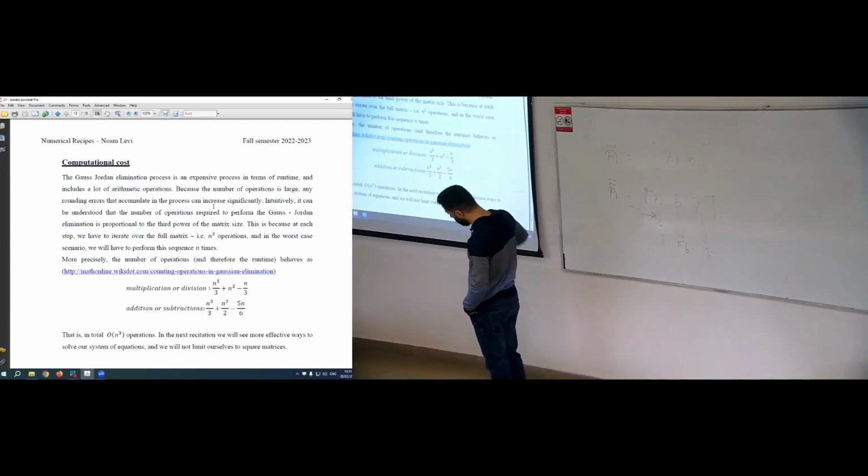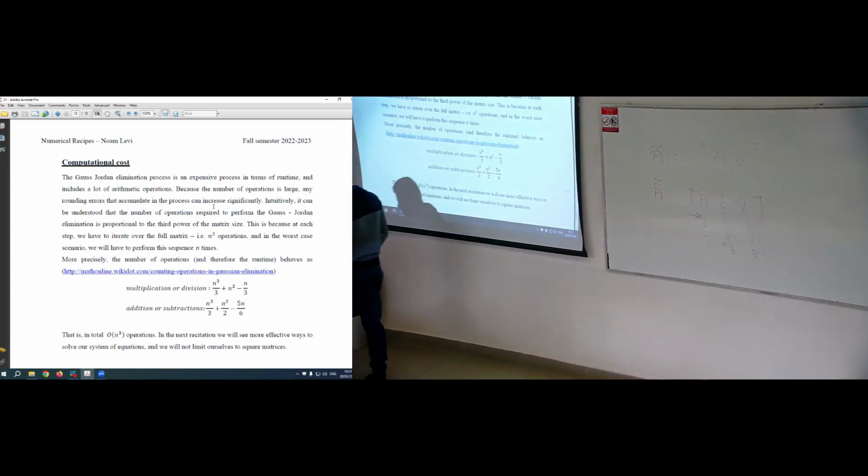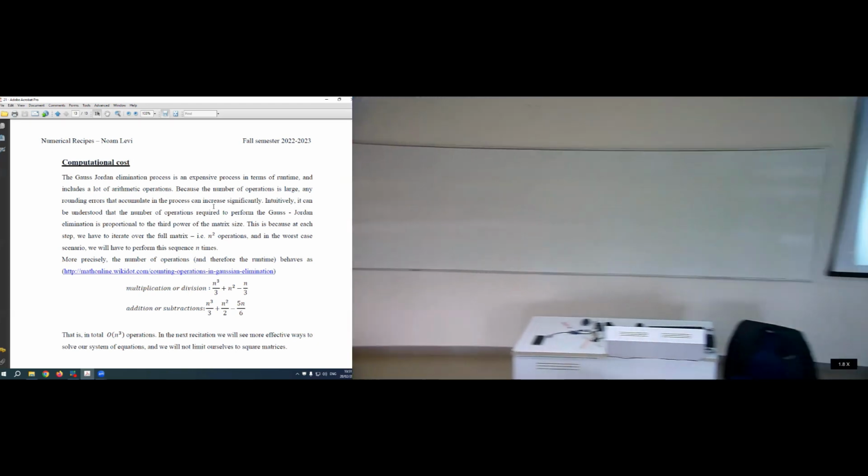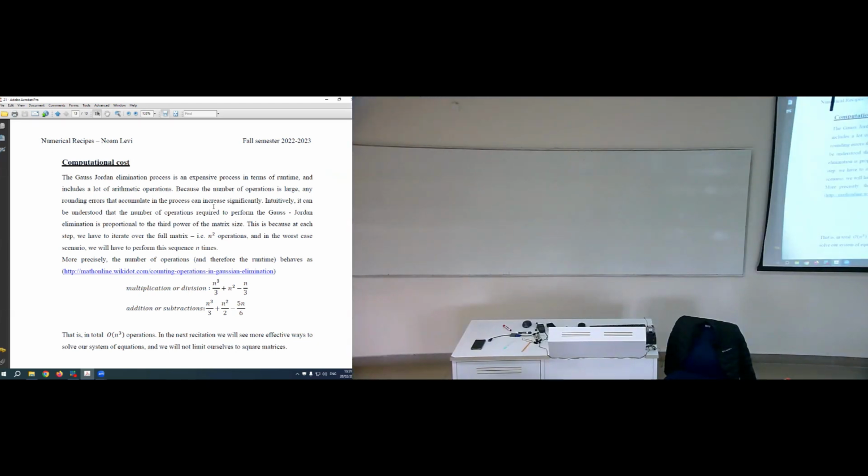If you enumerate these steps, you will find that the number of divisions and multiplications is this, and the number of additions or subtractions is this. Any multiplication or division costs the machine, let's say, C1 operations, and this C2, so the overall basic operations the machine does is this multiplied by C1 plus this multiplied by C2.